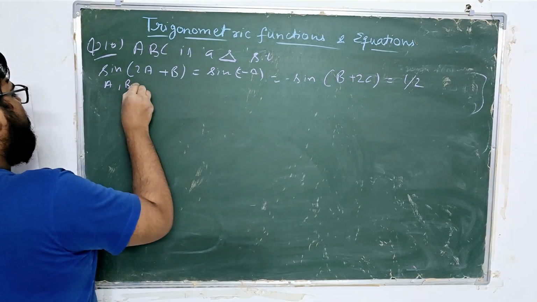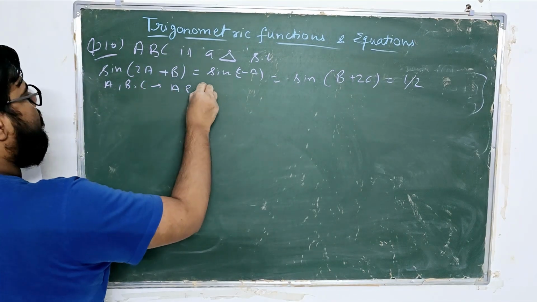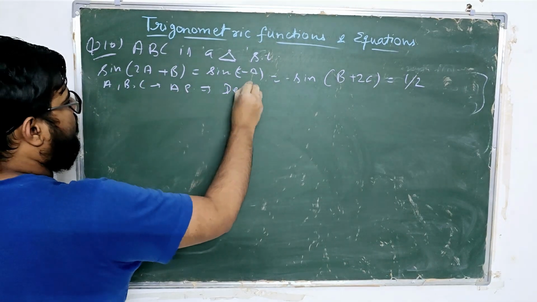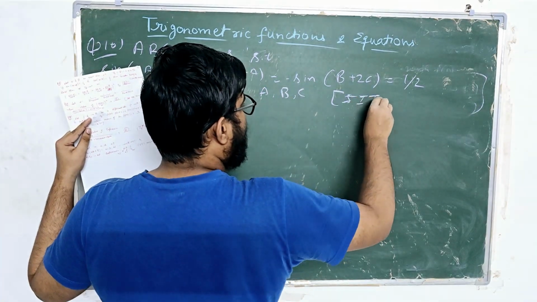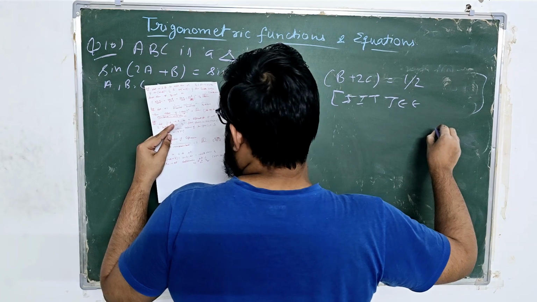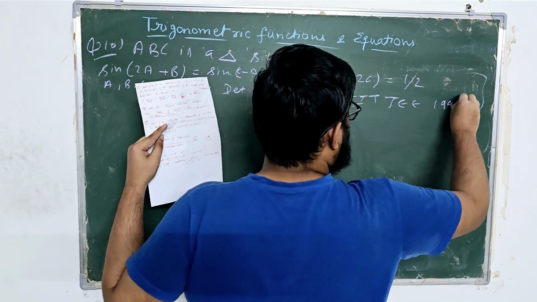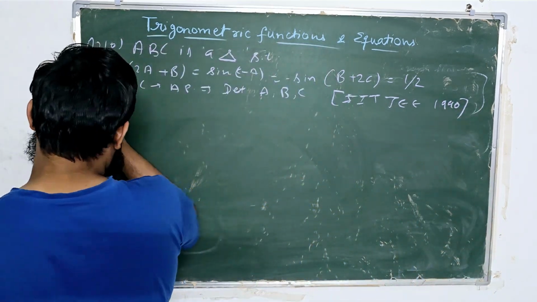And A, B, C are in AP. So we have to determine A, B, C, and it is from IIT JEE 1990. It is a very old question. So let's see.